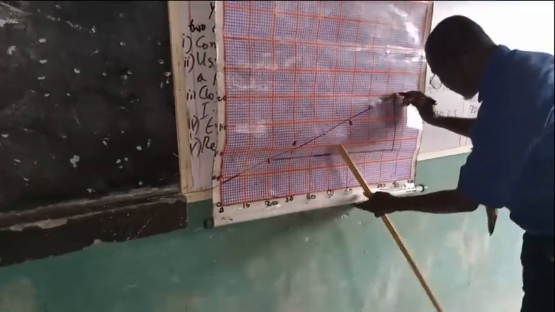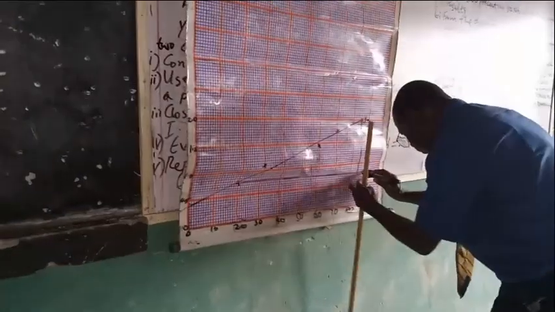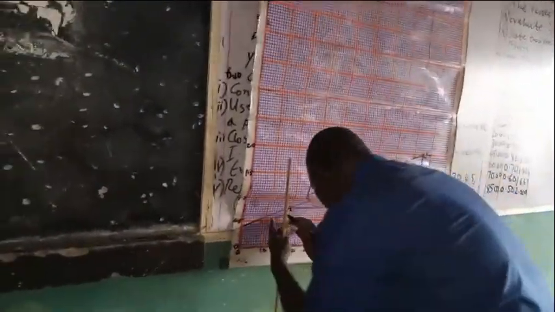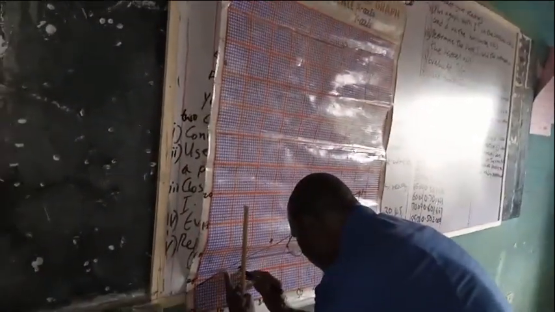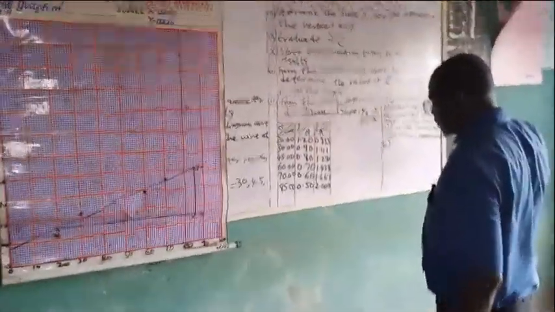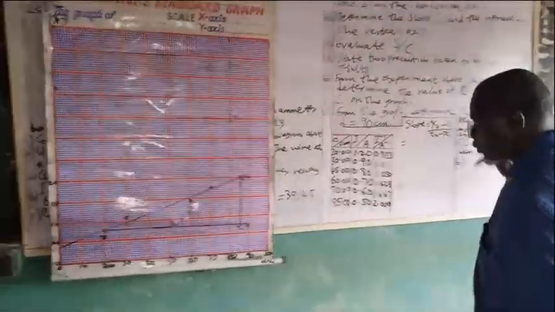Our y2 will be here, y1 here, x2 here, x1 here. The value of y2 is 2.